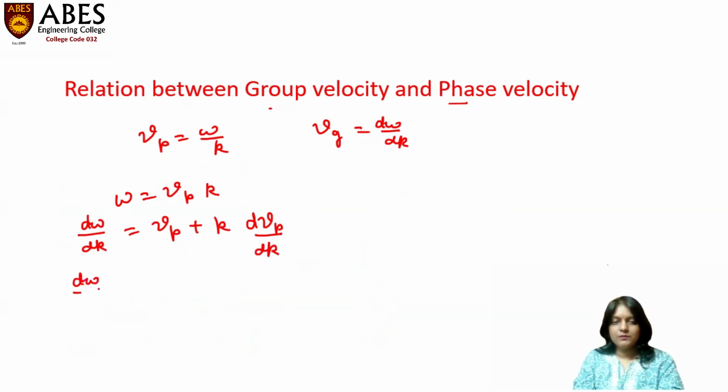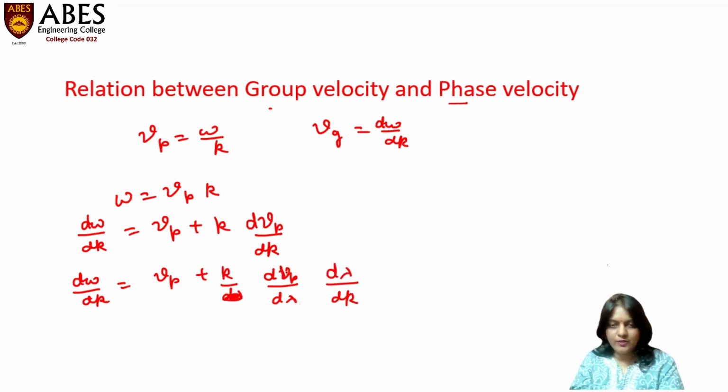Now I'm going to divide this equation by d lambda, and multiply and divide by d lambda. It is a velocity, dVp by dk, and I'm going to divide it by d lambda and multiply by d lambda.